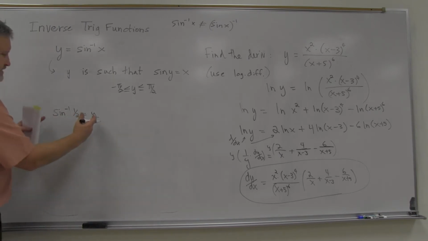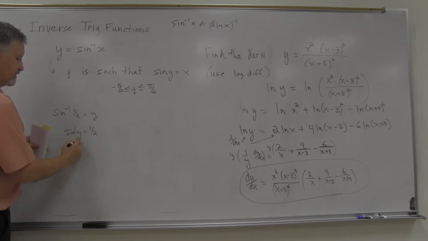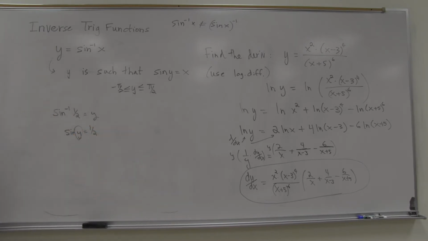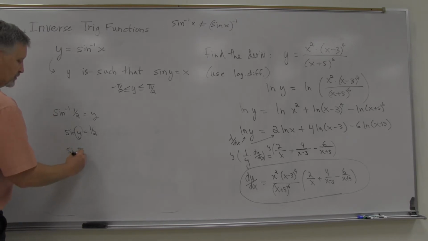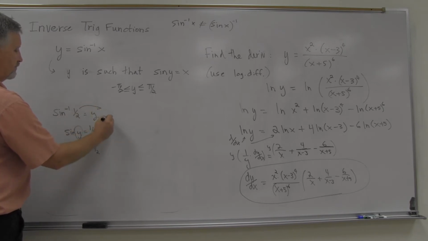So the way this works is I'm looking for the y such that the sine of y equals 1/2. You can think of the y here as an angle. What angle gives me that sine value? The sine of that angle is 1/2. Well, sine of 0 is 0, so sine of 30 degrees, or pi over 6, would give you 1/2. Right? So the y here is pi over 6.